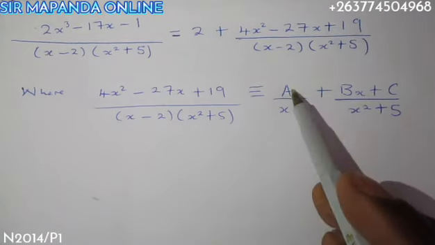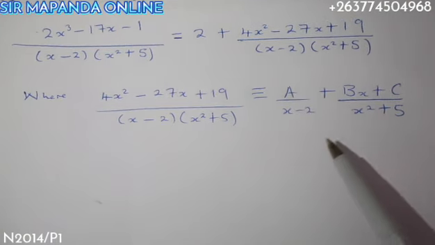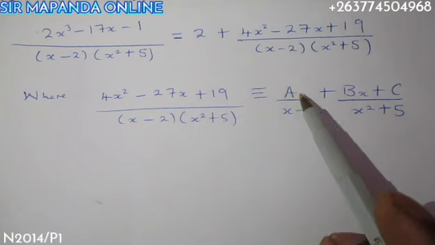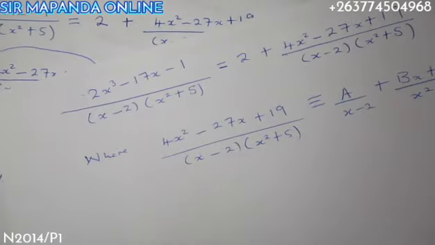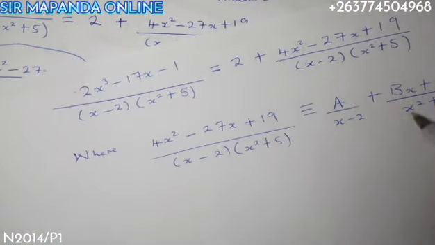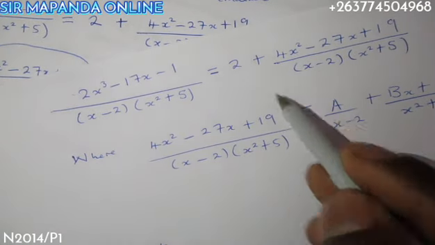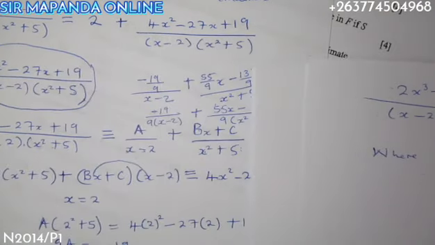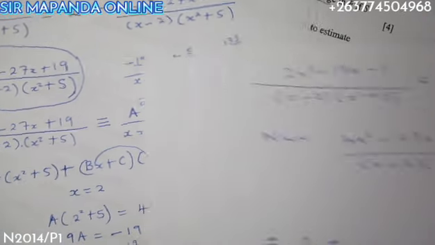Now that we have calculated the constant terms a, b, and c, we are now substituting the values of a, b, and c. Your final answer is going to contain these two first before you substitute. So you are going to write 2, then you put plus. What is the value of a? In our calculations, we got a as minus 19 over 9.